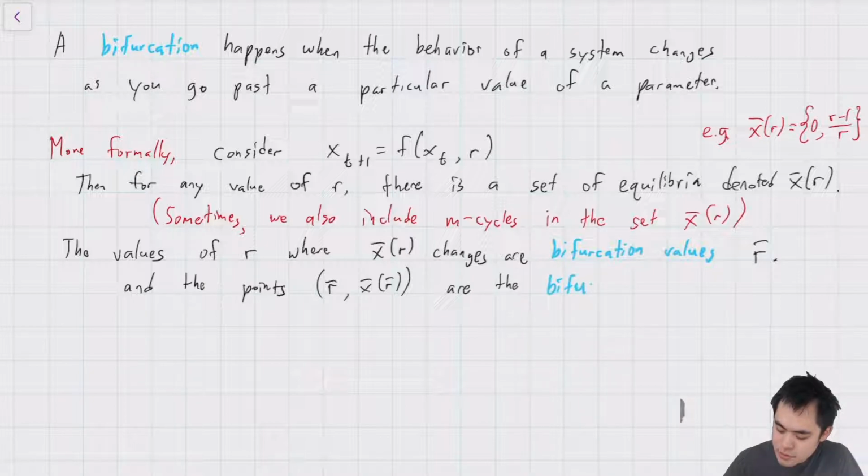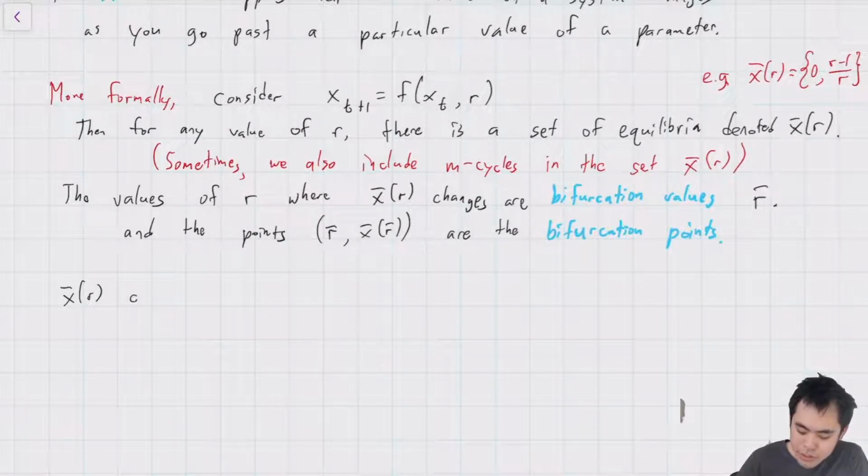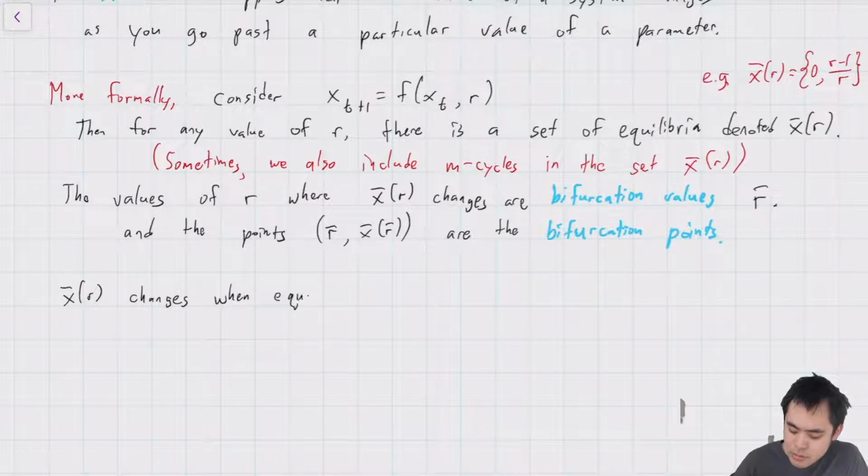And what happens is that x bar of r changes when an equilibrium or m cycle changes behavior.